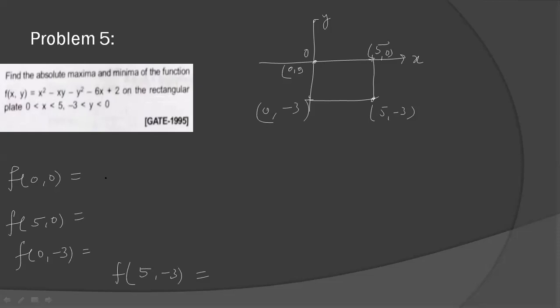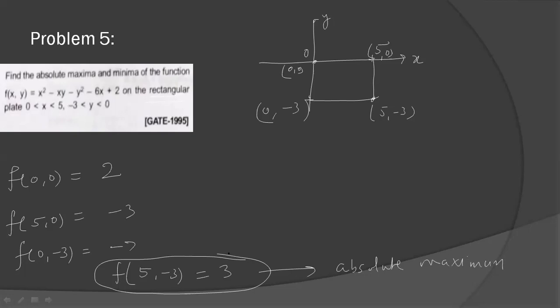So at (0, 0) the value is 2, if you put x and y equal to 0. At (0, minus 3) the value is minus 7. At (5, 0) the value is minus 3 and at (5, minus 3) the value is 3. So the maximum value is attained here. This is your absolute maximum. Absolute maximum is 3 and the point of maxima is (5, minus 3).